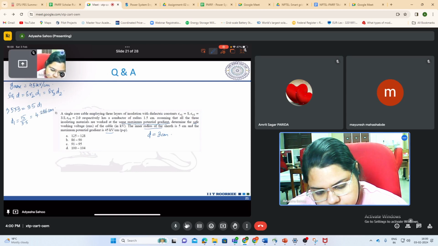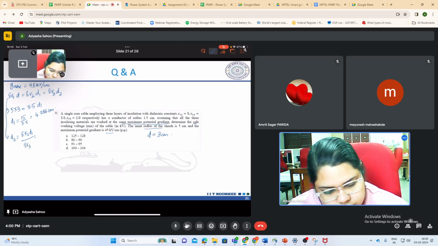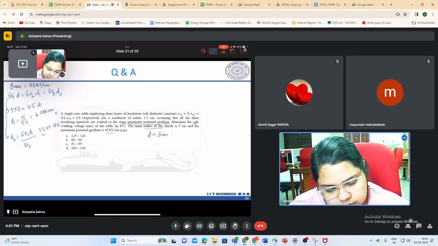Then similarly from here, D2 will be ER2 D1 by ER3, which is 3.5 times 4.286 divided by 2.